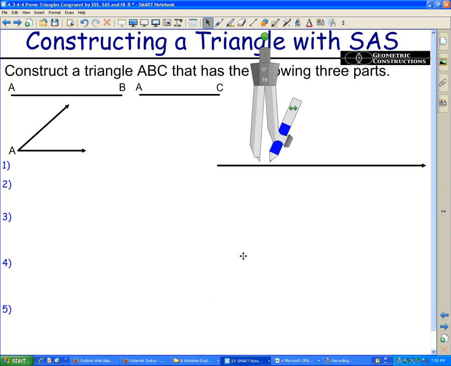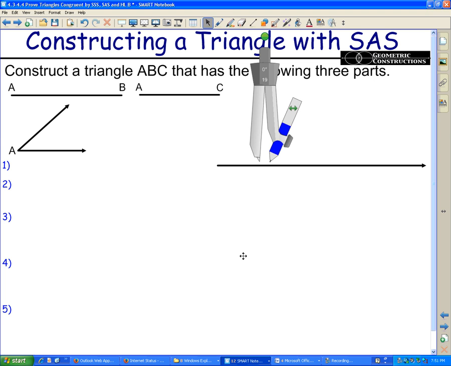And so we're going to do a construction with just a straight edge and a compass, building a triangle using 2 given sides and what's called the included angle, or the angle between those 2 sides.